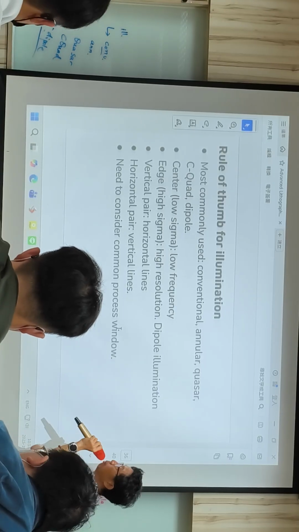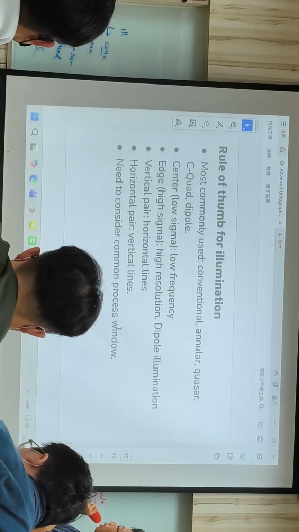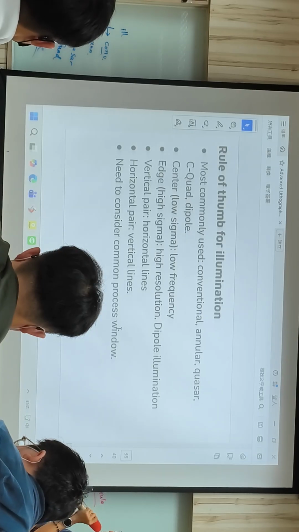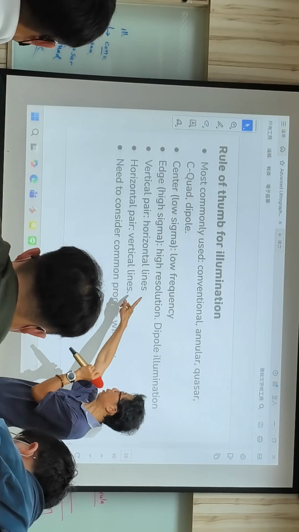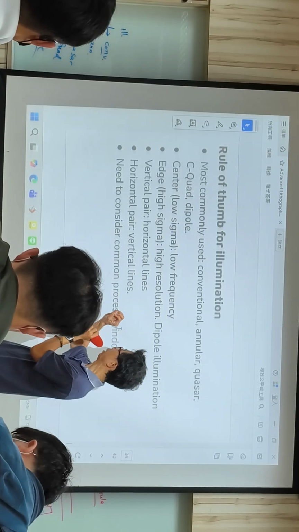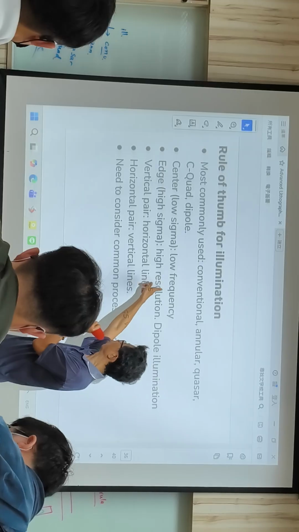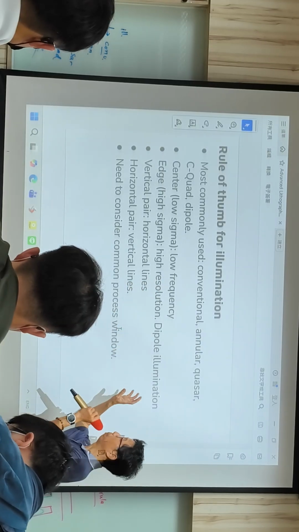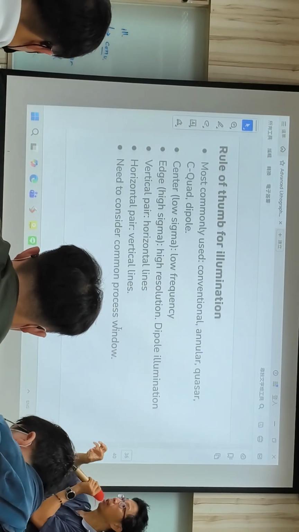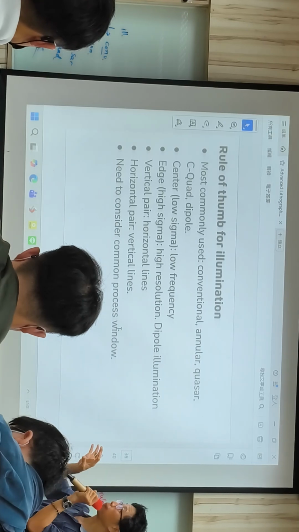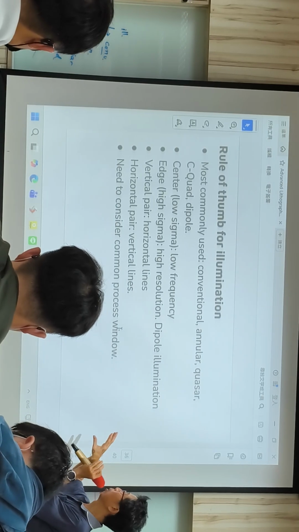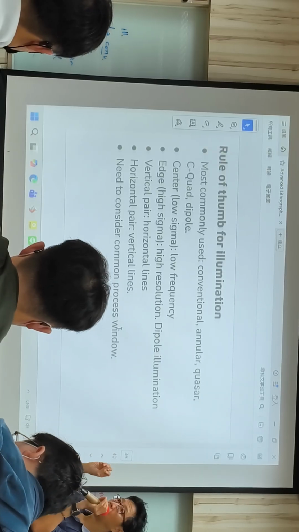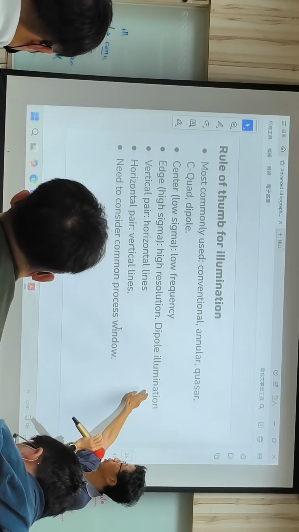Most commonly used is conventional, annular, quasar, C-quad, and dipole, as I covered previously. For the center conventional area, low sigma is for low frequency, and low frequency means low resolution. Edge, high sigma, high resolution. The example is dipole.